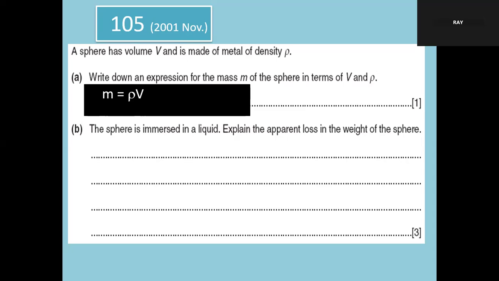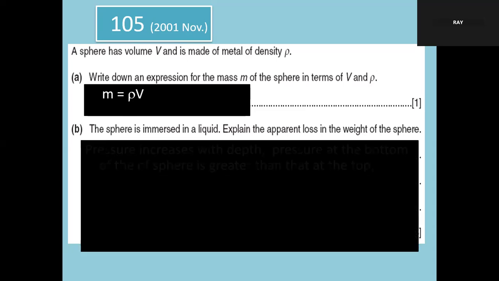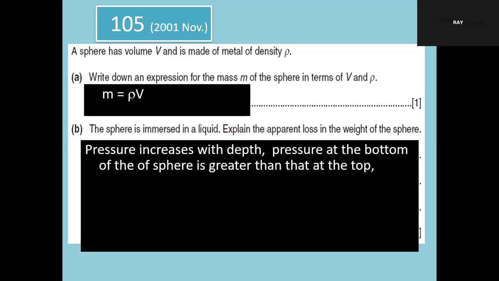The sphere is immersed in a liquid. Explain the apparent loss in weight of the sphere. This is testing you on pressure. Pressure increases with depth. That's the first step.